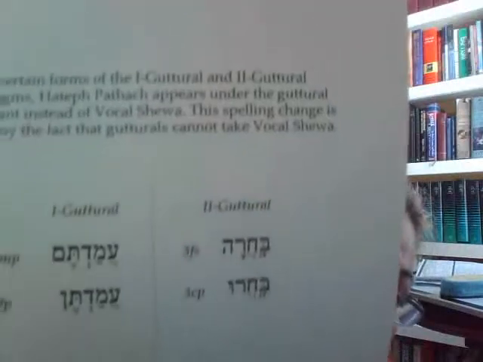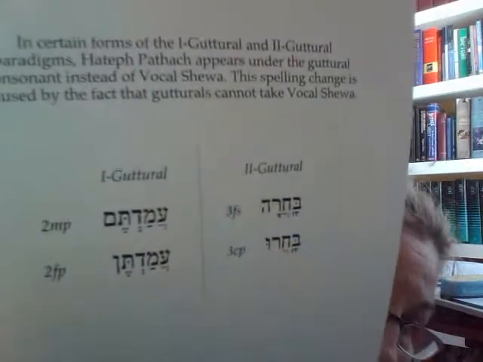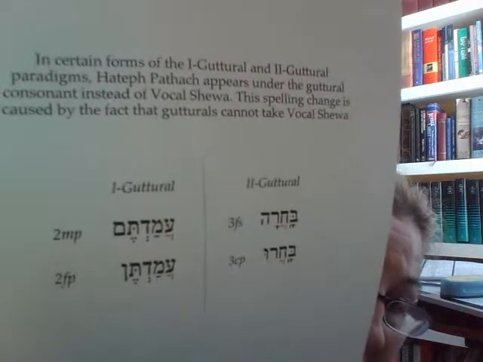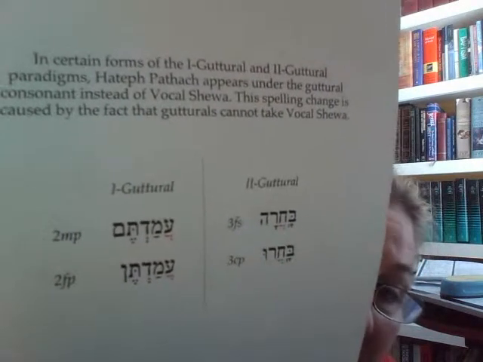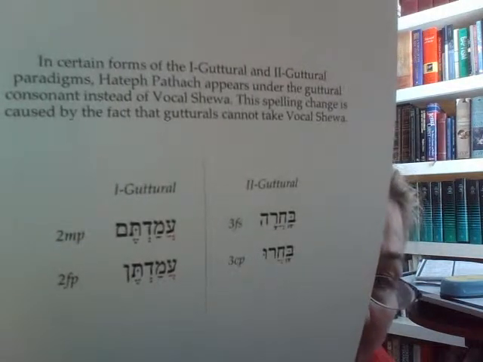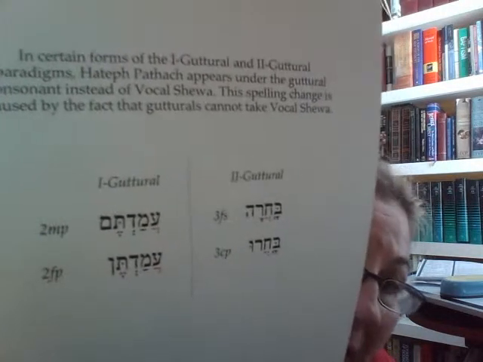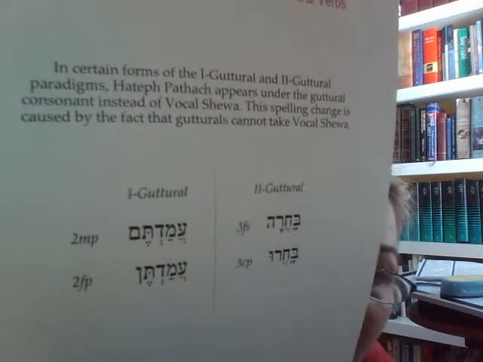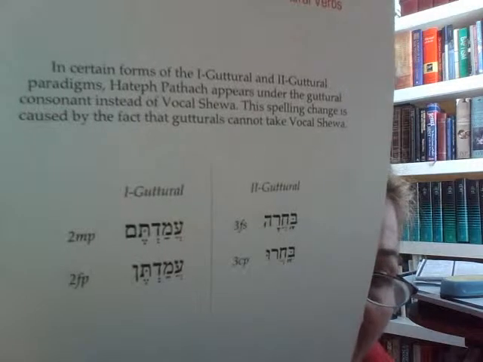In certain forms, you're going to have what we refer to as weak verbs. Now, these two that I have up here for you are the first and second guttural paradigms. Everything stays the same in the first and second guttural paradigms, except you have the hatef patach, and it's going to appear under the guttural consonant instead of the vocal shewa.